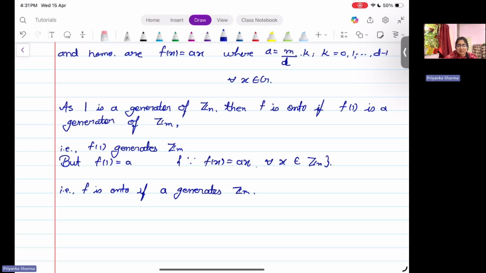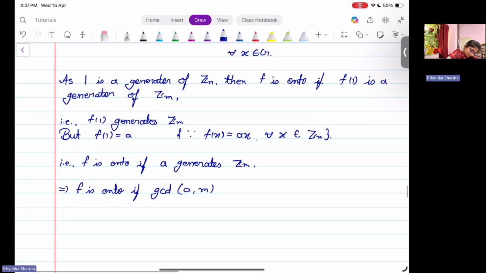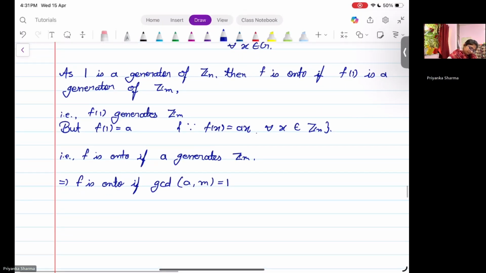And we know that if a is a generator of Zm, then a and m are co-prime. So f is onto if GCD of a and m is 1.